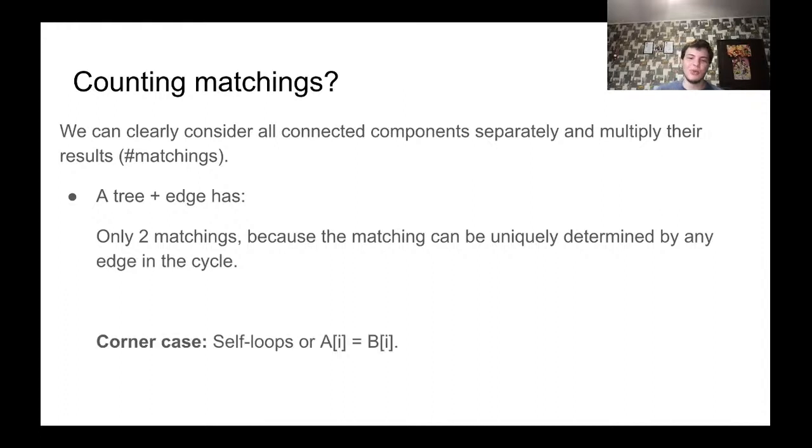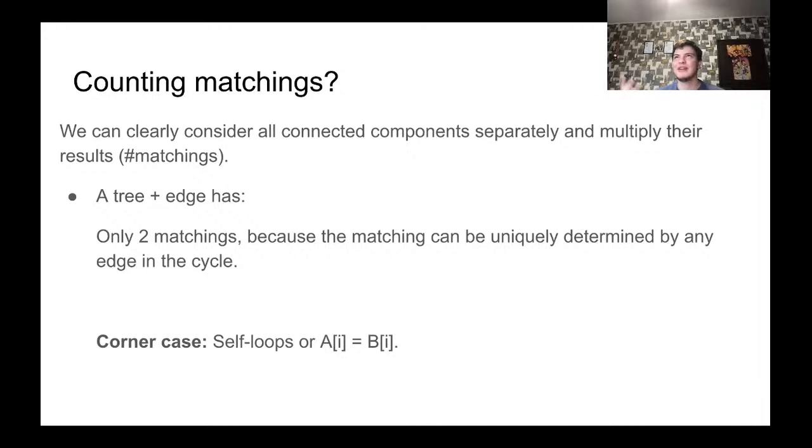However, there is this small problem. Basically, there is this case when we have self loops, or in other words, if we have a_i equal to b_i, because then the cycle in our component will basically be a self loop, and actually both of the directions are the same matching.